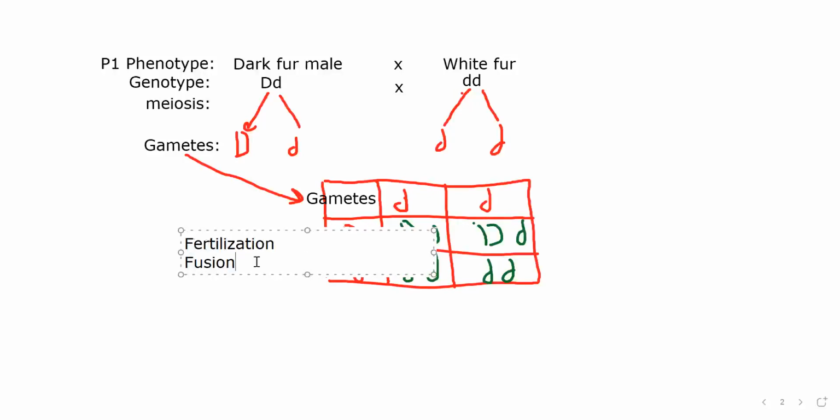Although some of our textbooks have it as fusion, we need to learn how to correct some of these things ourselves. Fusion is not fertilization, but fertilization is the fusion of the sperm cell nucleus with the ovum nucleus.